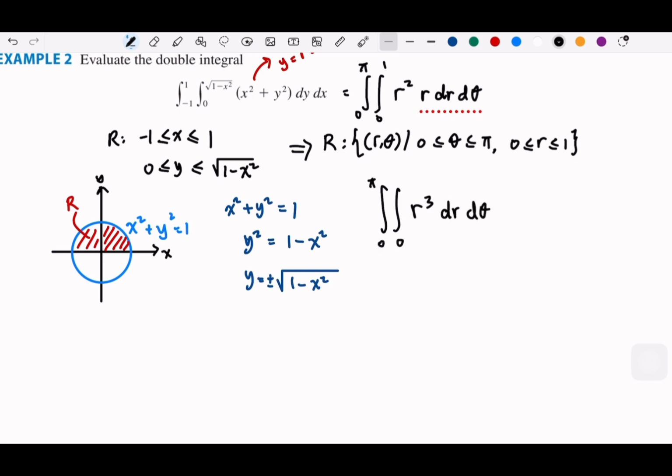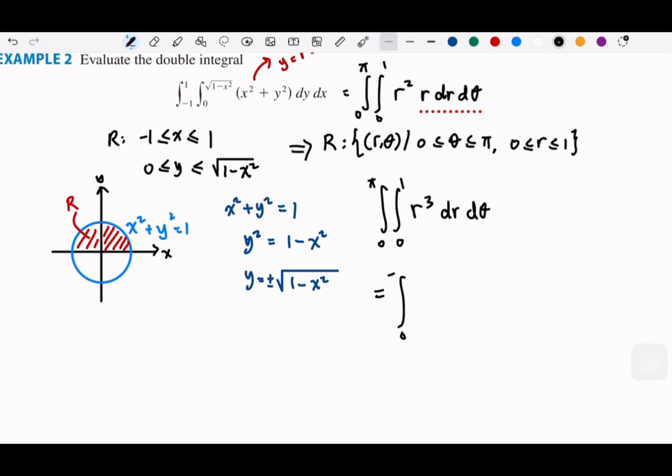Now all the endpoints are constant, which means we can separate the integrations. We can split theta with theta, and r with r. So we can split, and it makes a much simpler case.